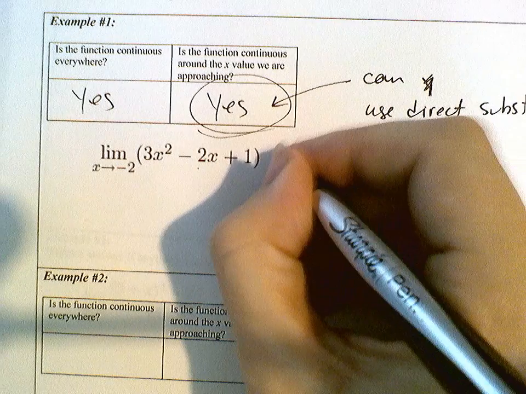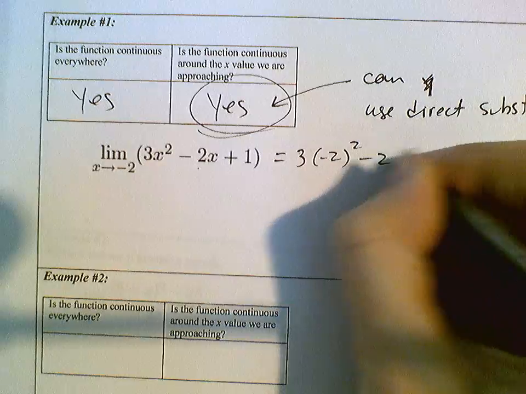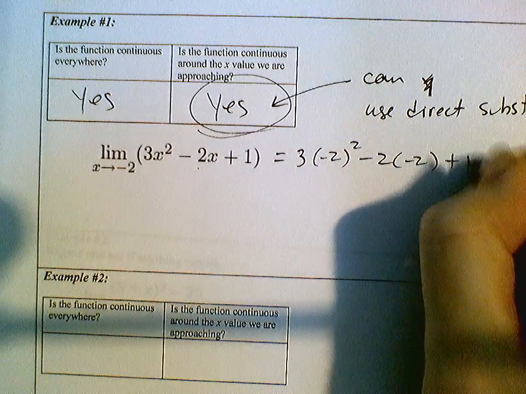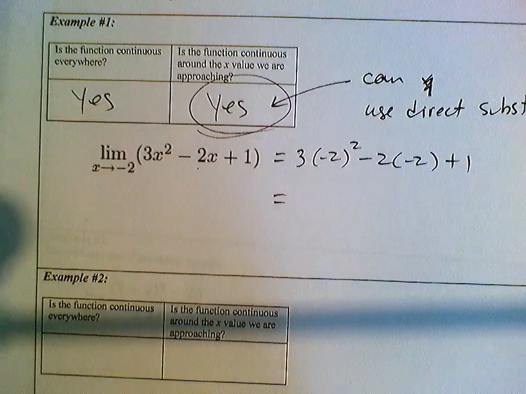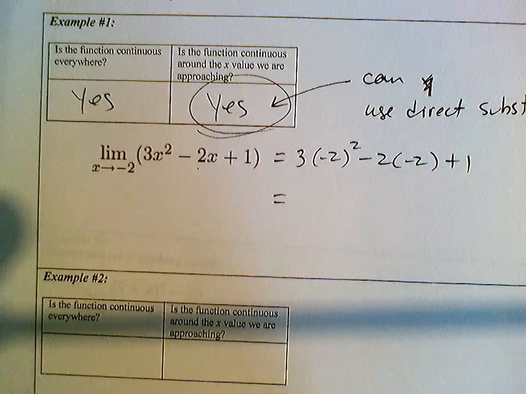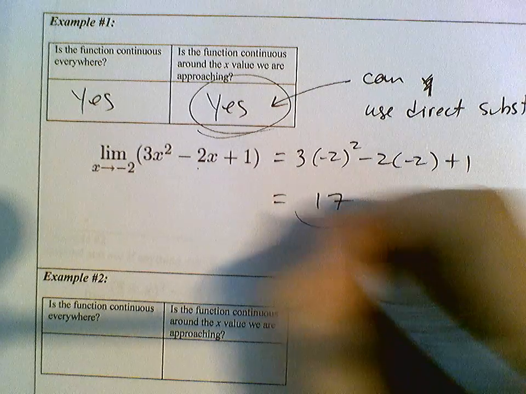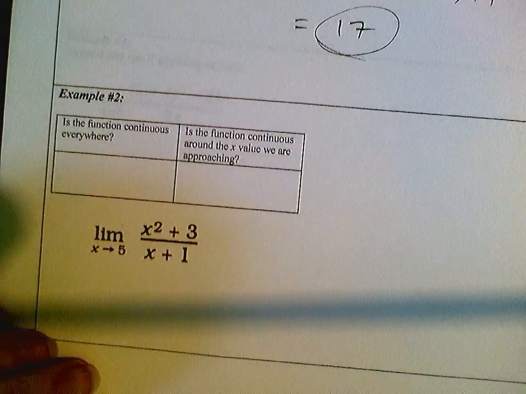So this is going to be the same as if we just took that number and plugged it in. This only works for continuous functions. All right. And what do we have here? We've got 12 plus 4 plus 1, 17. Excellent.